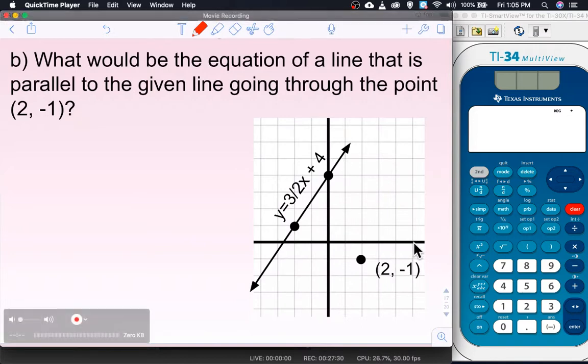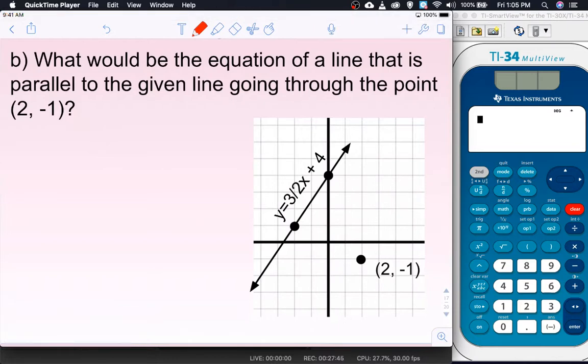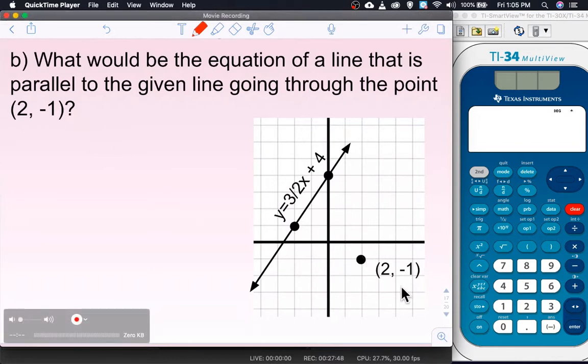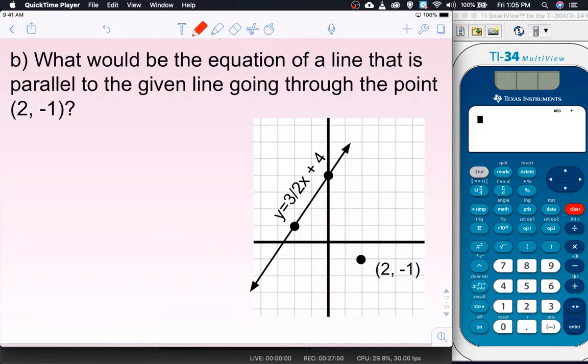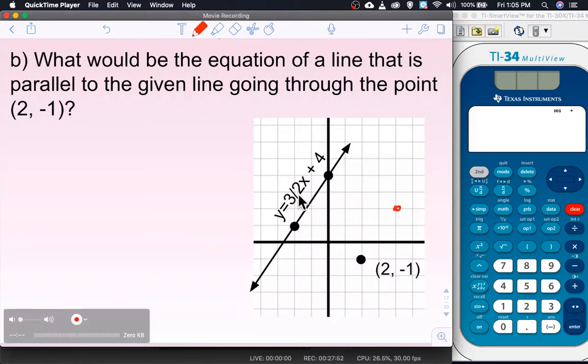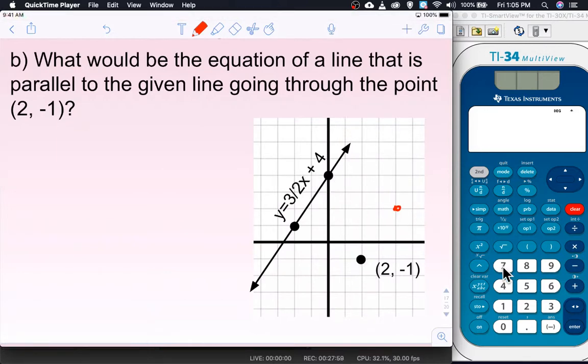The other way is, we know this line has a slope of 3/2. And because they're parallel, parallel lines have the same slope. We looked at that in the vocabulary. So I could actually go, you know what, from here, I can go up 3/2. That's the slope, 3/2. Up 3/2, up 3/2, up 3/2. I'm estimating that one.